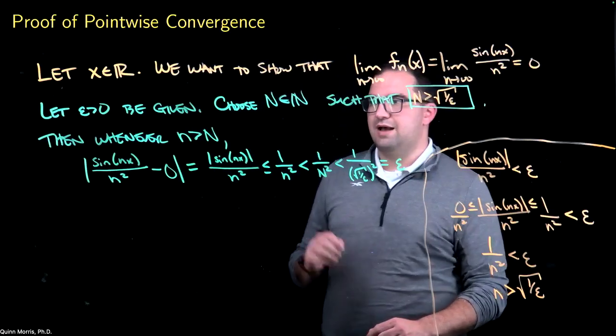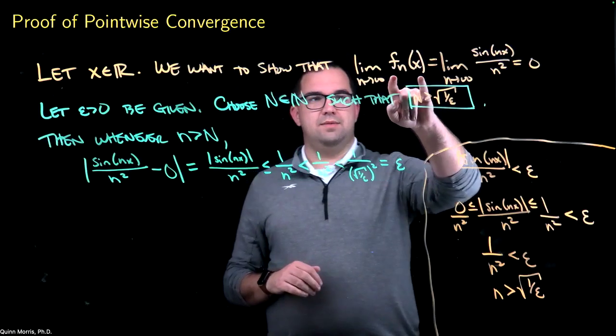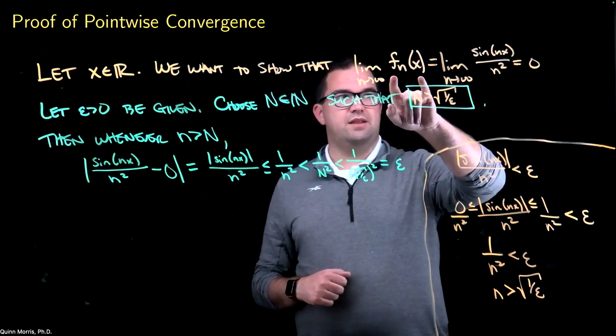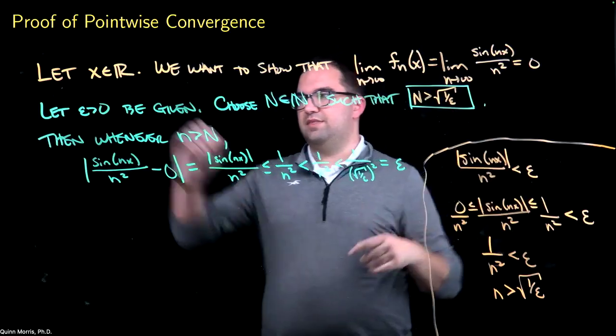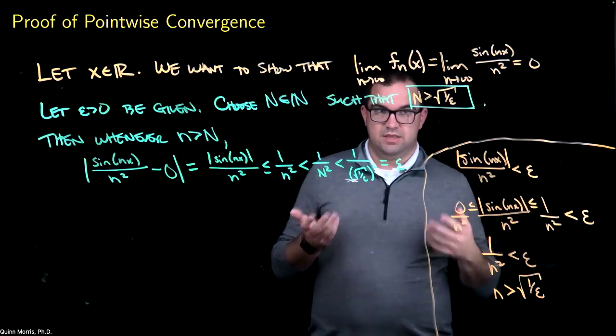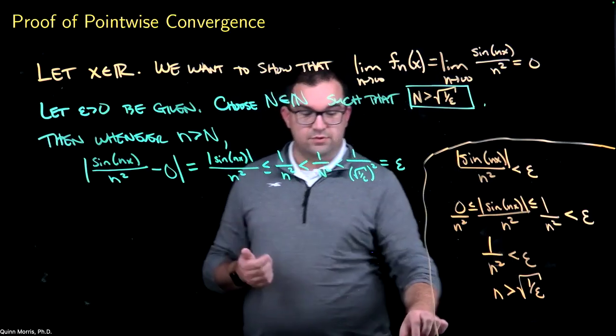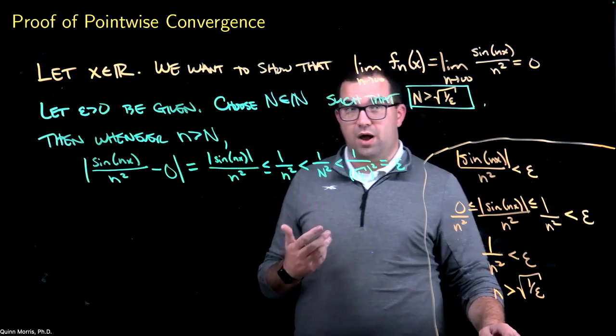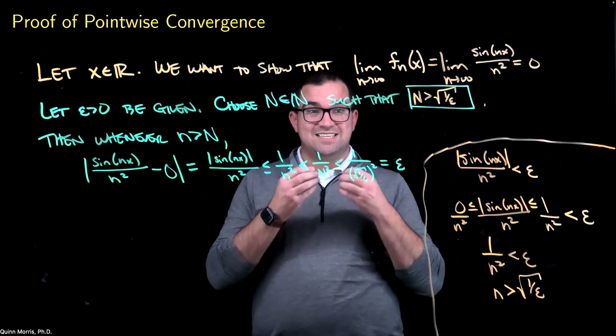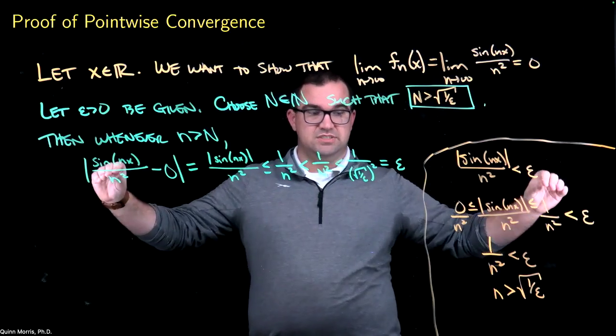Right? Okay. So I have in fact shown that the limit as n goes to infinity of f sub n of x is equal to 0. Now this worked for every x in the reals, so we say that this sequence of functions converges pointwise to 0, where here when we say 0, we mean the constant function 0.